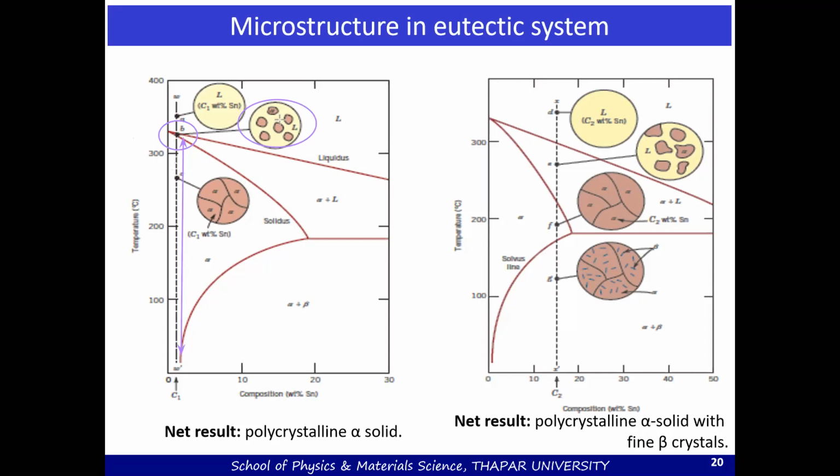If I focus on a particular point, let us say point C, the microstructure is only the alpha solid, and its concentration will be the same as C1. So the concentration of the solid is C1 weight percent of Sn. If I want you to quantify it, it will be something like 3% of Sn.